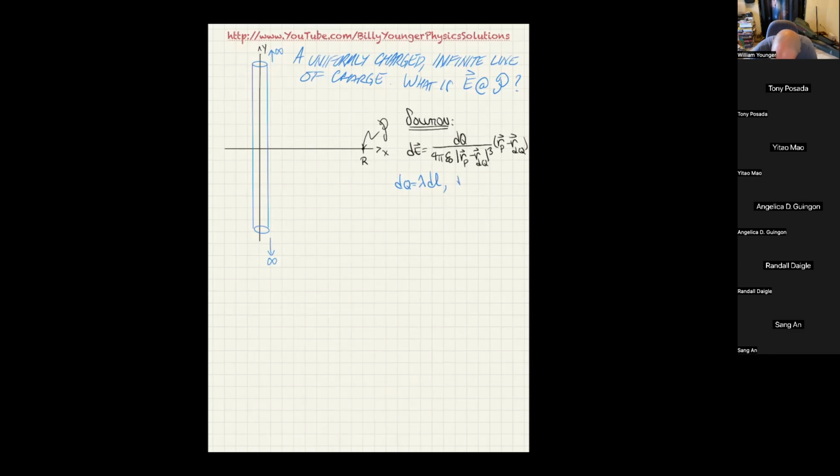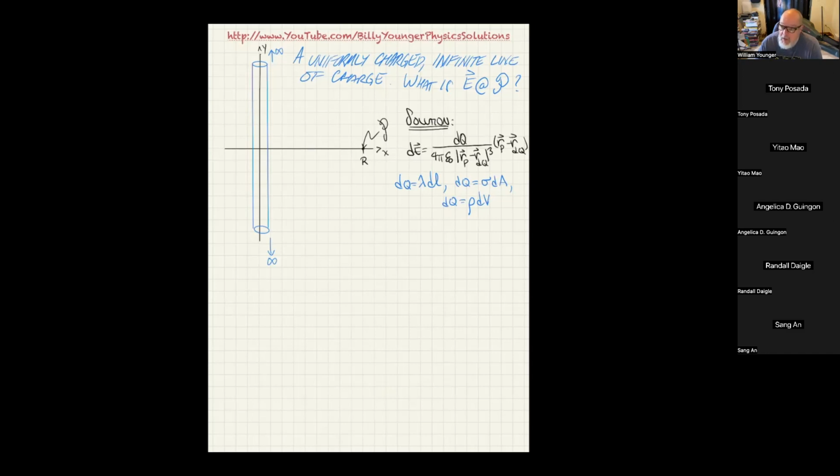Now, you could also have a surface of charge, in which case you get a surface charge density sigma times dA. Or finally, you could have a volume of charge, in which case it's going to be rho times dV, where V is the volume. So sigma is the surface charge, or area density, which would be coulombs per square meter.